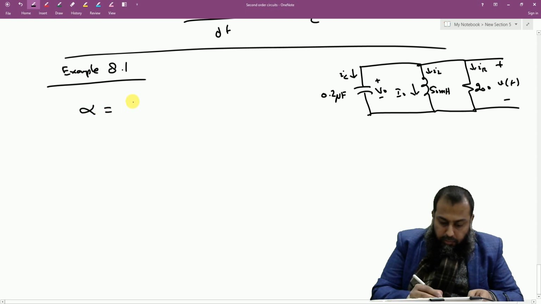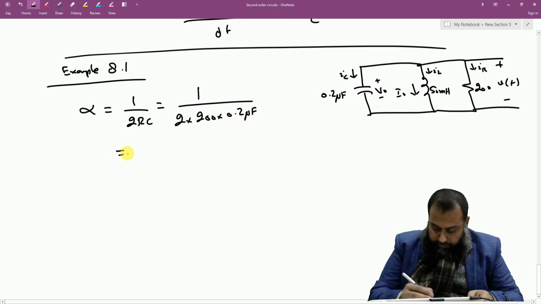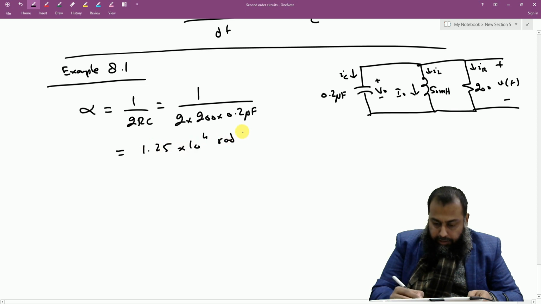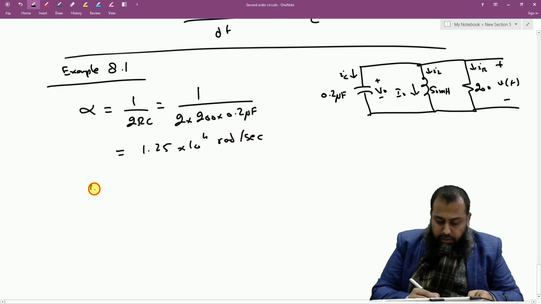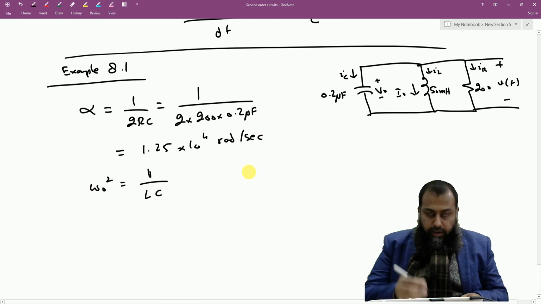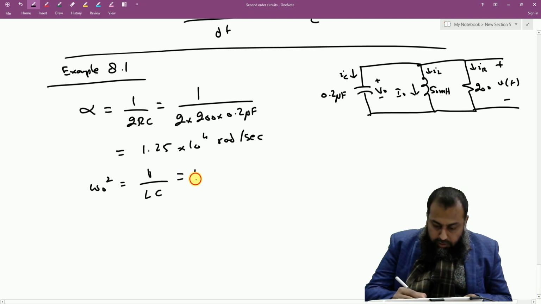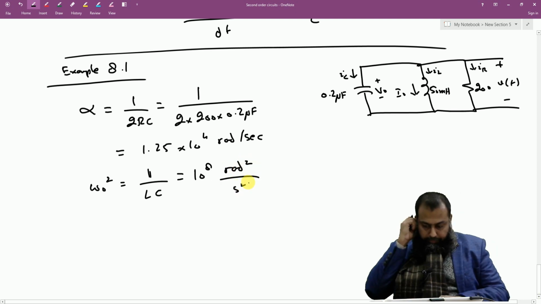So alpha is equal to 1 over 2RC, that is equal to 1 over 2 into 200 into 0.2 microfarad, and that is equal to 1.25 into 10 to the power 4 radian per second. About omega naught, omega naught square is equal to 1 over LC, and that is equal to 10 raised to the power 8 radian square over second square.